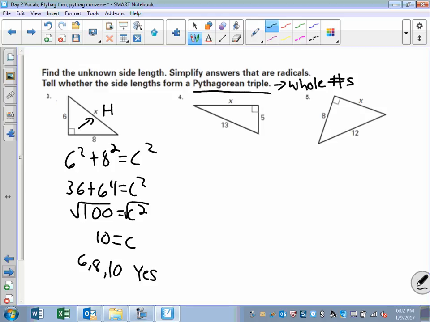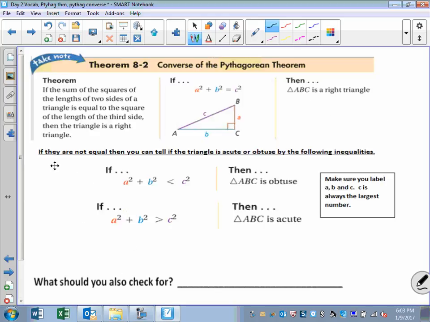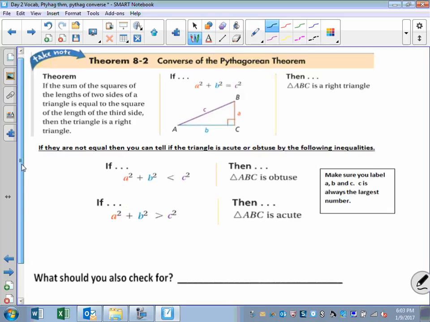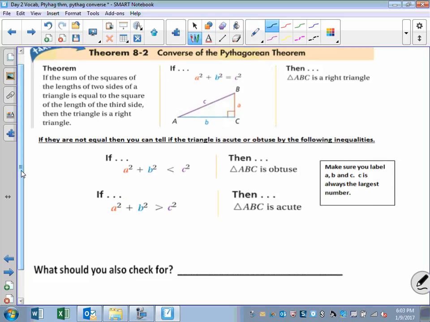Okay. Last thing I need to show you is, like I told you earlier, if a squared plus b squared is equal to c squared, then it is a right triangle. Okay?